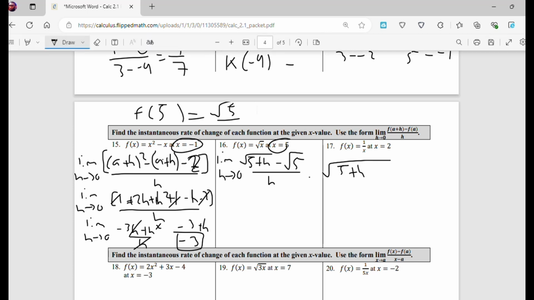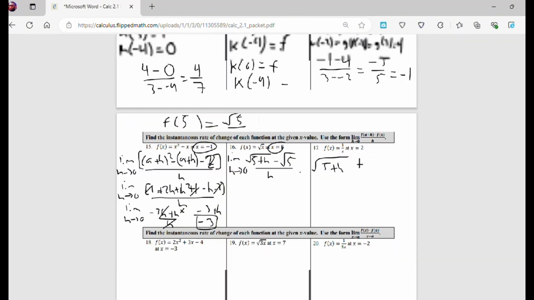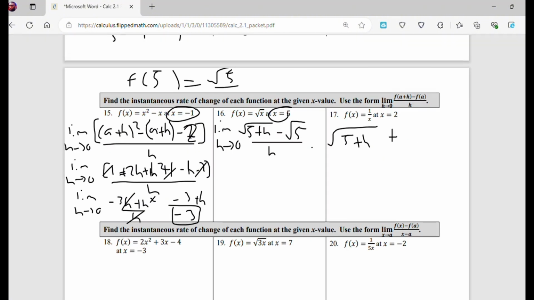So, again, hopefully you recall that the conjugate is just the opposite sign of the square root. And we do, again, same thing, the denominator plus square root of 5. Okay.